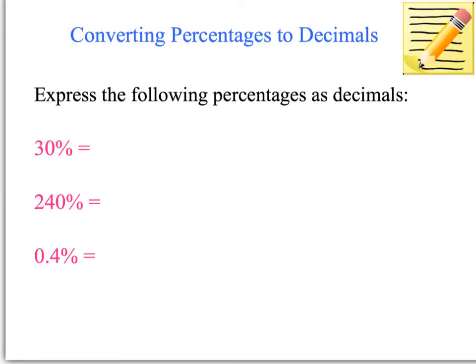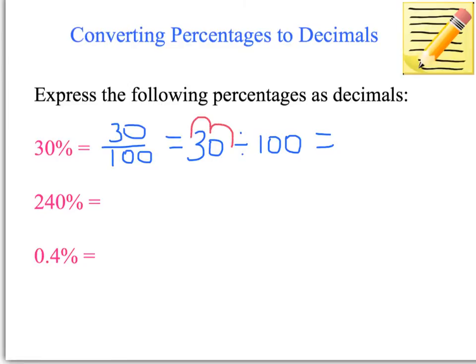So 30% means 30 out of 100, or 30 divided by 100. To do that, remember, divide left, we need to move the decimal point 2 places to the left. So the answer is 0.30 as a decimal.